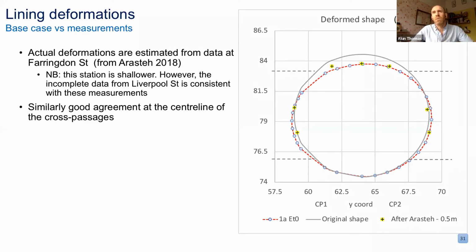The reason being that I haven't been able to pin down the exact data for Liverpool Street yet. But it seems to match reasonably well with the red line, which is showing you the base case model. So the deformations of the lining from those separate independent measurements seem to be consistent with the strains in the model that we're seeing from Liverpool Street.